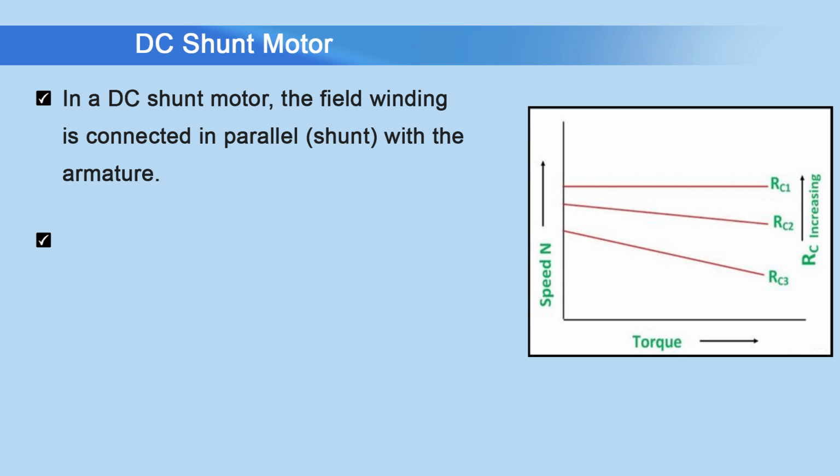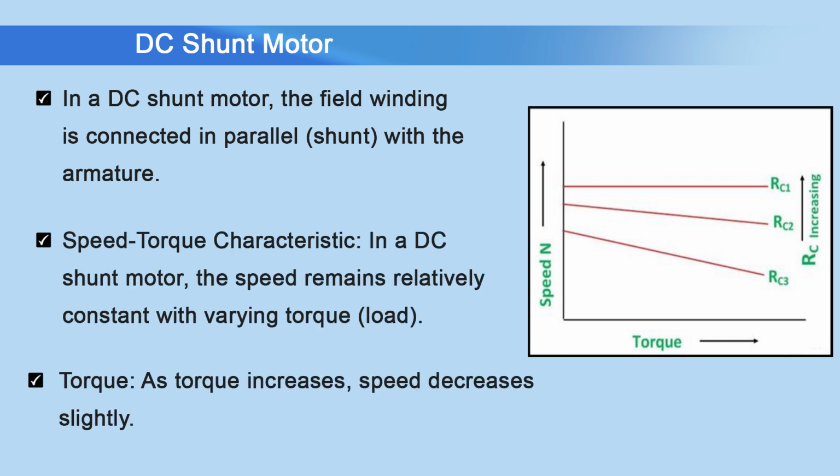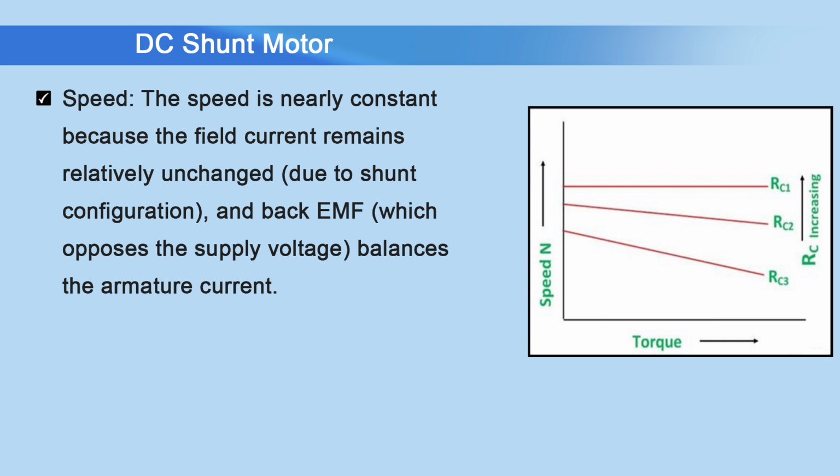Okay, now we will see the torque. As torque increases, speed slightly decreases, as I already mentioned. What about speed? The speed is nearly constant because field current remains relatively unchanged due to the shunt configuration, and the back EMF, which opposes the supply voltage, balances the armature current.